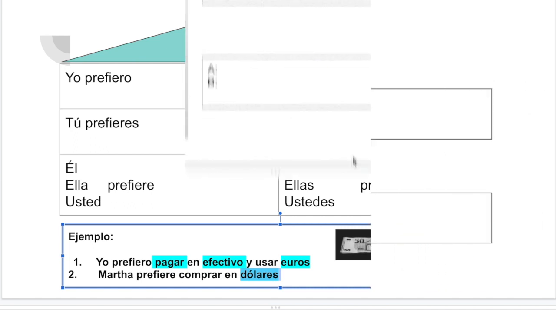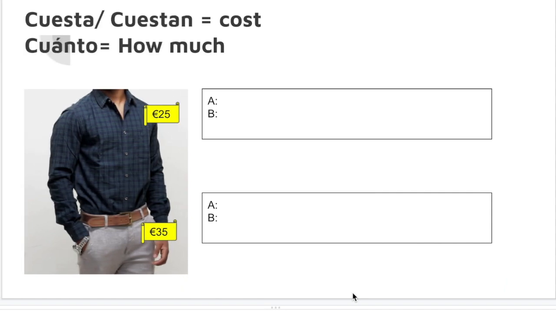Okay, muy bien. But this one, you don't have to worry about the conjugation because we use that with, or it is singular or plural, that's all. So cuesta or cuestan, they both mean cost. And the new word cuánto, how much. Okay?